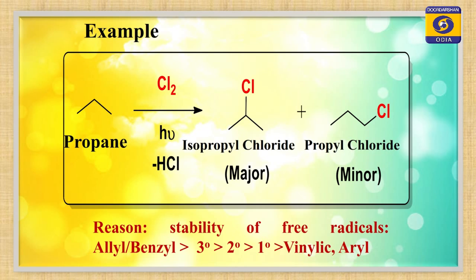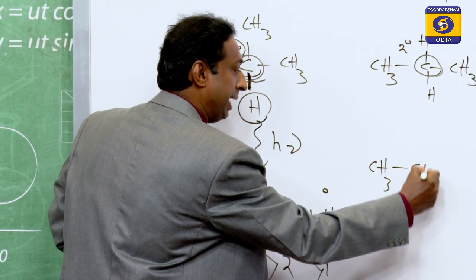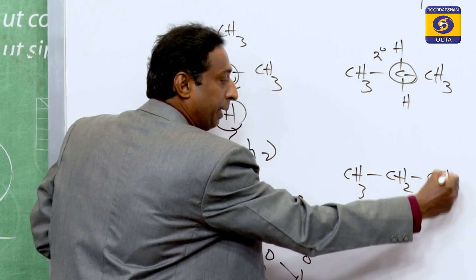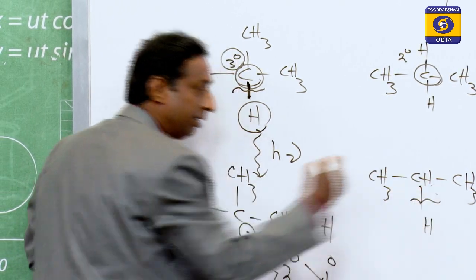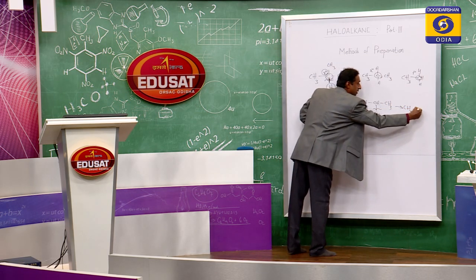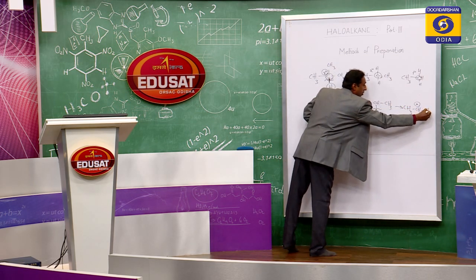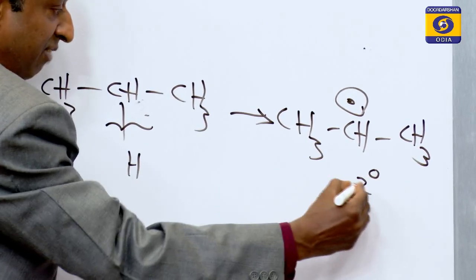Why is this so? I have just told you. If you look at the screen, I can explain this. This is the case, CH3, CH2, CH3. If you replace this hydrogen, you get CH3, single bond CH dot and single bond CH3. This one is the secondary free radical.